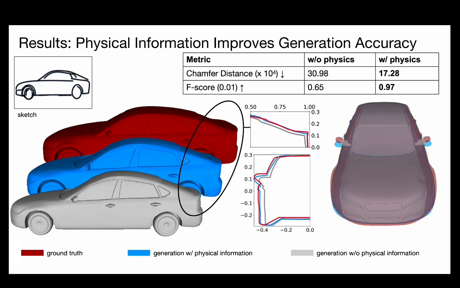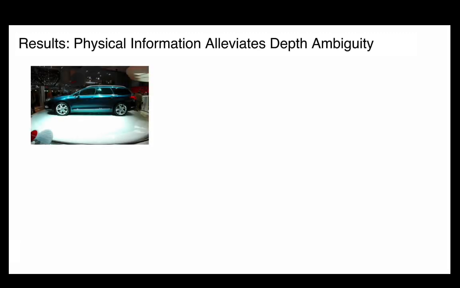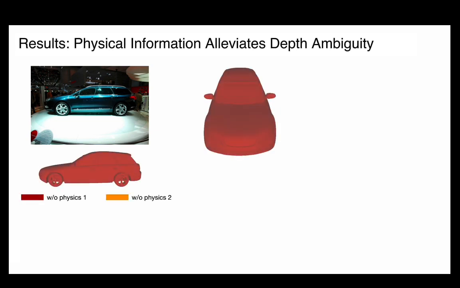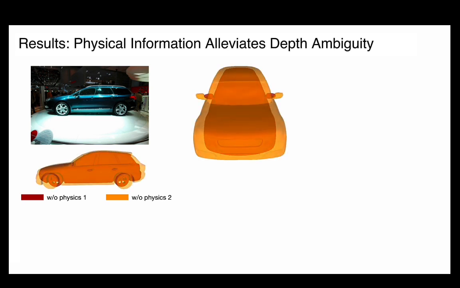In real image experiments, we further show that physical information resolves depth ambiguity in single-view 3D reconstruction. From a real single-view image, two shapes are generated without physical guidance from this image, but with different initial noises. As shown in the red and orange cars, they share similar side silhouettes, but diverge significantly in front-view width due to inherent depth ambiguity.